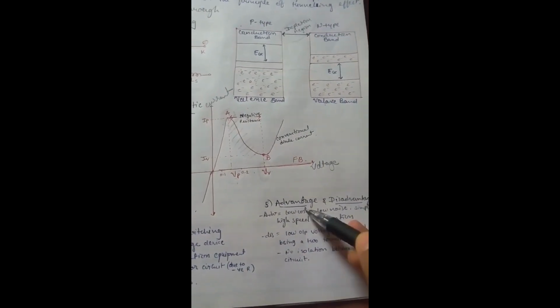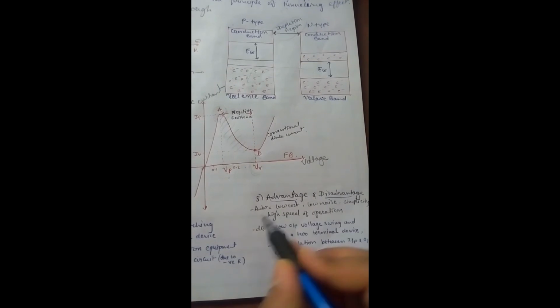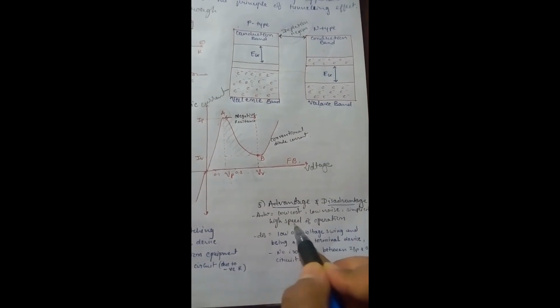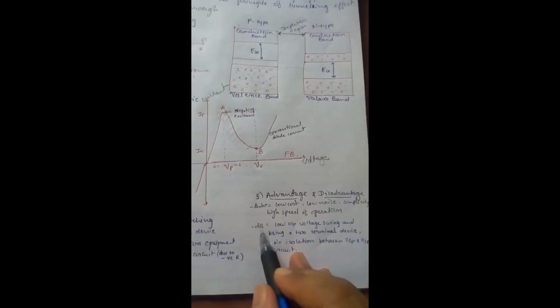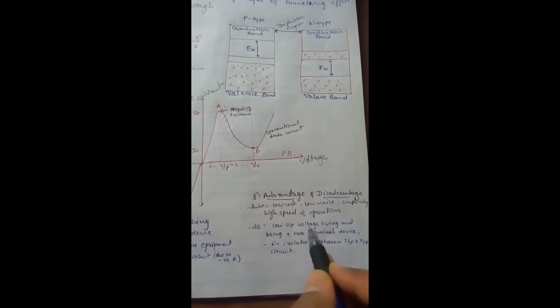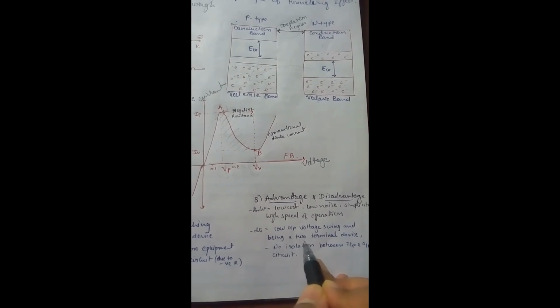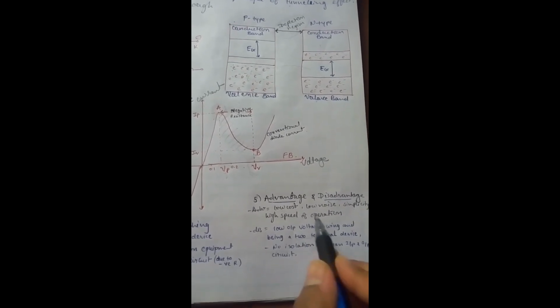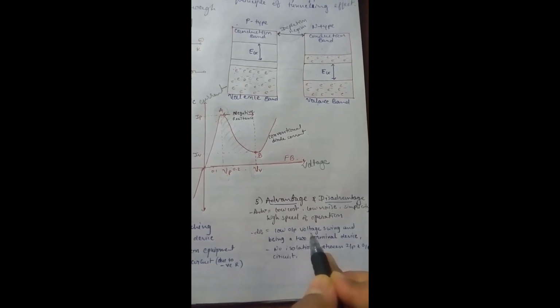Now let's move towards the advantages and disadvantages. Advantages are low cost, low noise, simplified circuit, and high speed of operation as we understood. Disadvantages: low output voltage swing, and being a two-terminal device, it has a low output voltage.